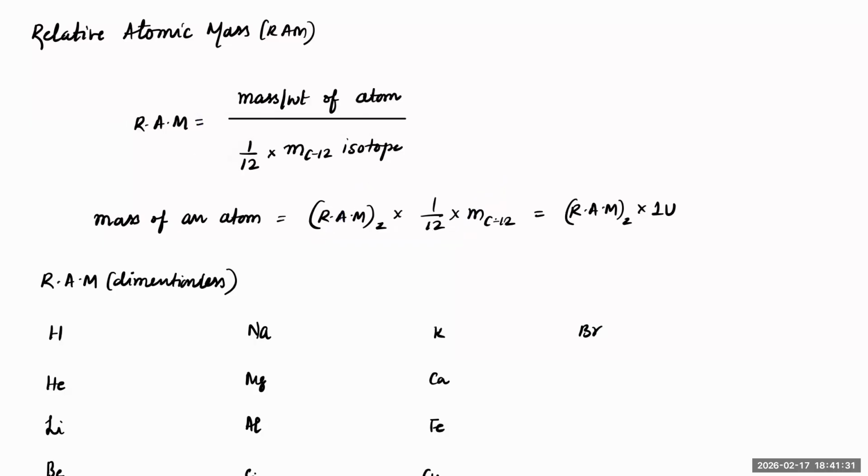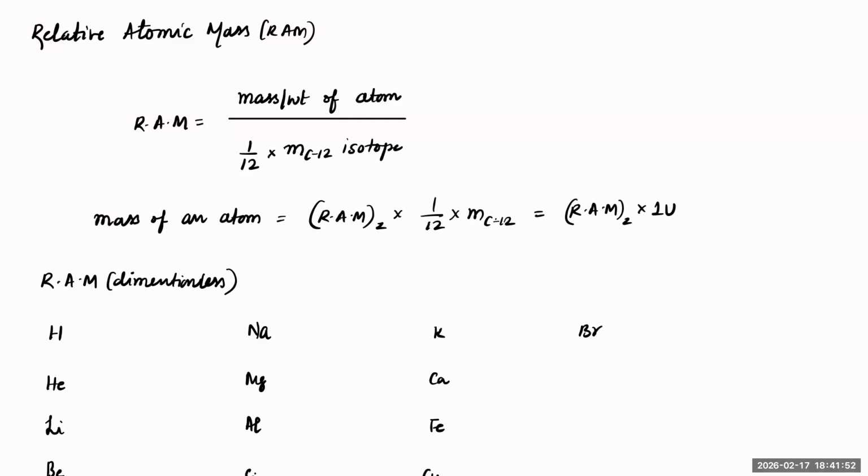You know that 1/12 of carbon 12 mass is nothing but 1 AMU, or 1 U. So relative atomic mass multiplied by 1 unified mass will give you the mass of an atom.